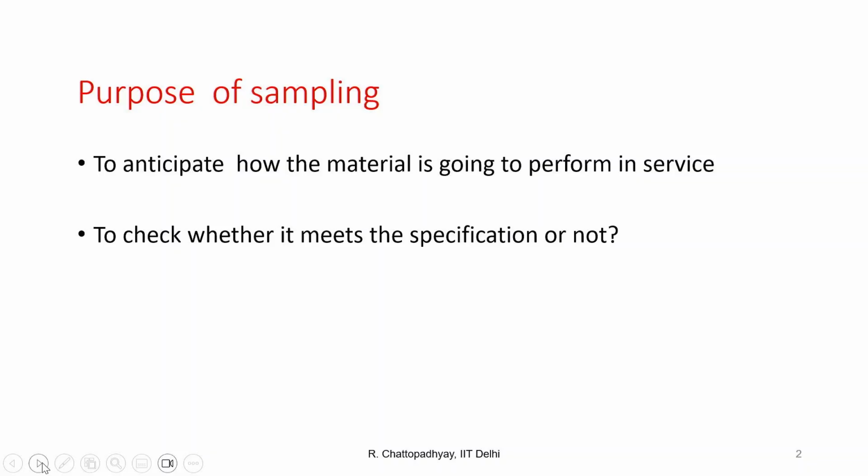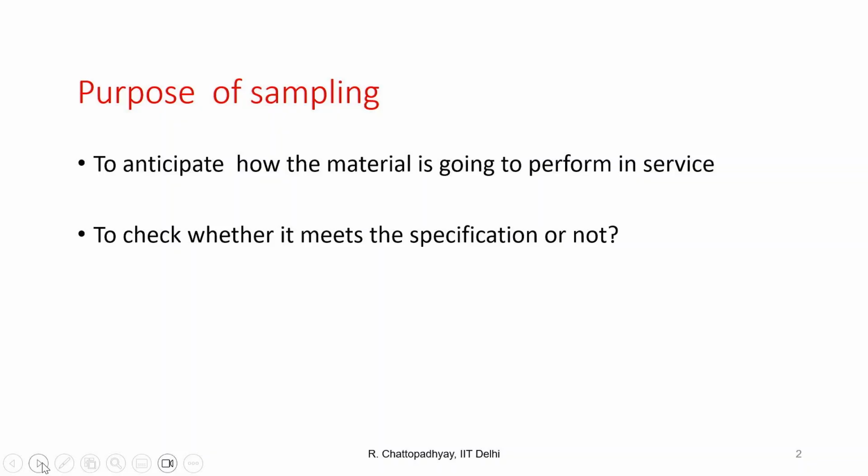Because ultimately a buyer wants to check whether the item that he is buying is really meeting the specification he has already supplied. Similarly, the manufacturer also wants to know whatever has been produced by the production team, whether it is fulfilling the specifications or not.